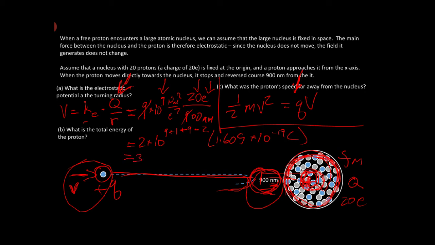So that's like 3.22 times, 18 plus 1 is 19, minus 2 is 17, minus 19, which is 10 to the minus 2, so it's 32.2.